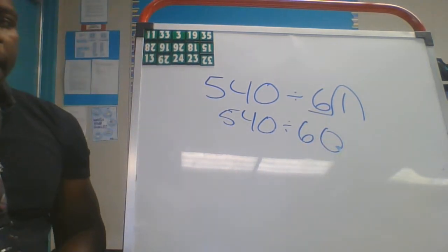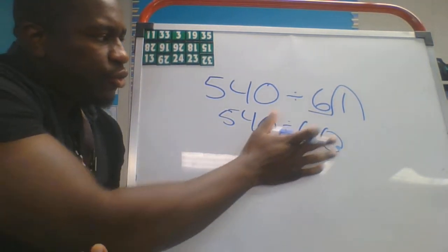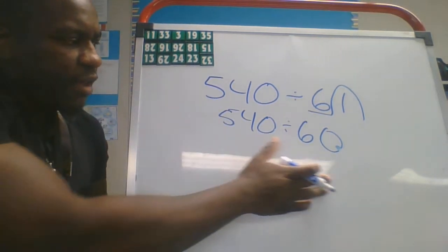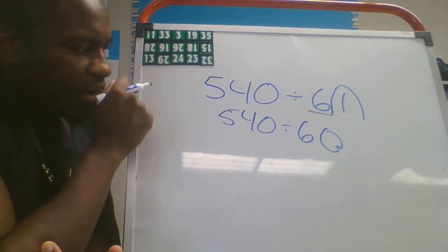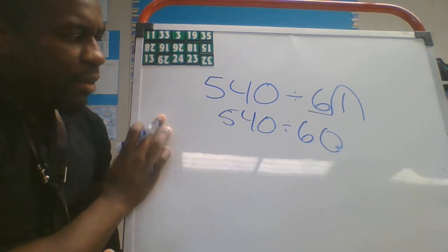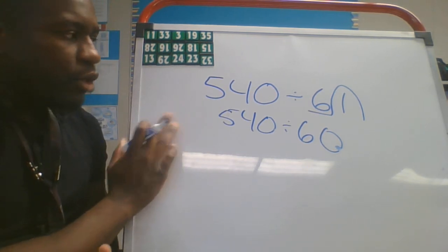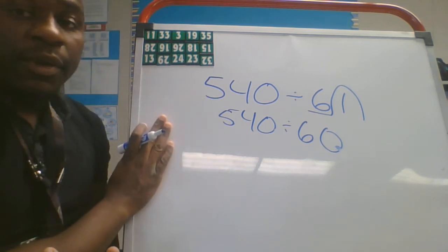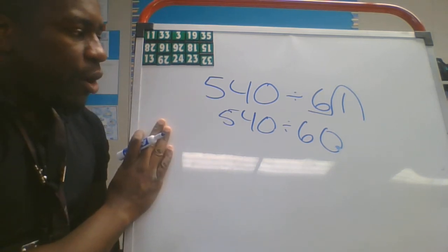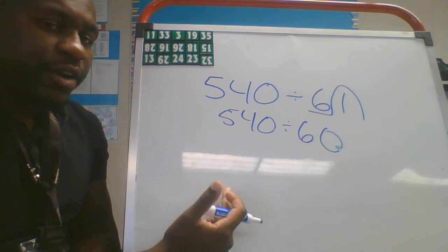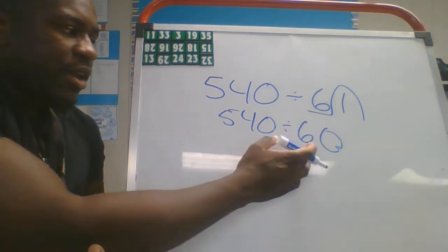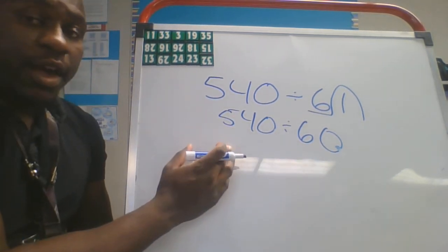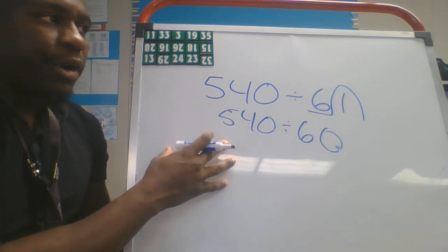I'm going to see if I can do that first and see if this gives me a compatible number, or do I also need to round the other number? Because I have a pretty strong grasp of my math facts, I know that 9 times 6 will give me 54.